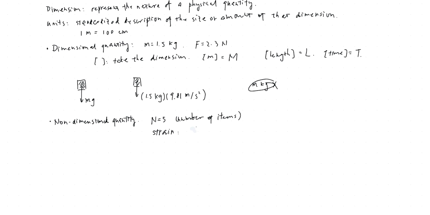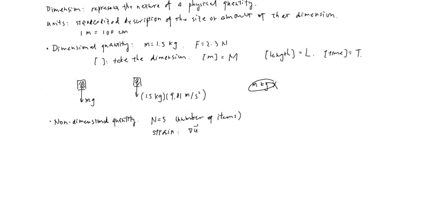So it's defined as the gradient of displacement. And when you take the gradient, if you look at the strain along the x direction, then you have the displacement along the x direction, and then take the derivative with respect to x. Then it will give you a dimensionless quantity.